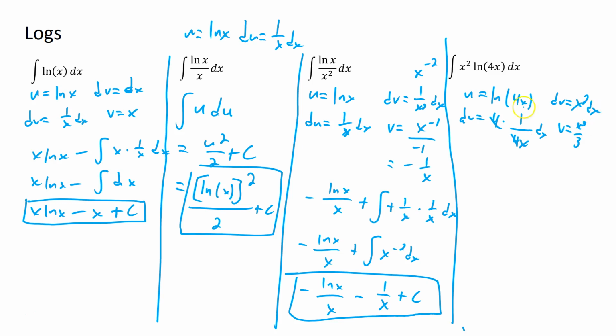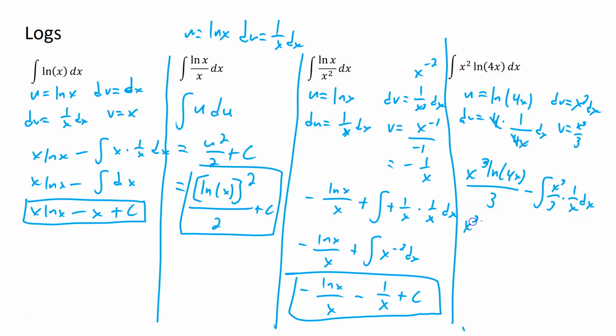Okay. All right, so I'm going to put it together. uv, so I have, let's write this as, x cubed ln of 4x divided by 3 minus the integral of v du. So v du is going to be x cubed over 3 multiplied by 1 over x dx. That's nice. One of those x's cancels.